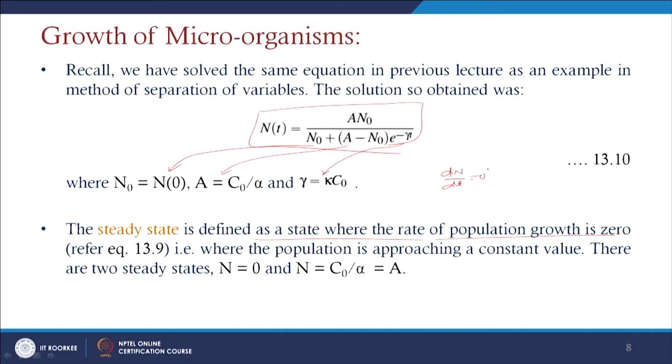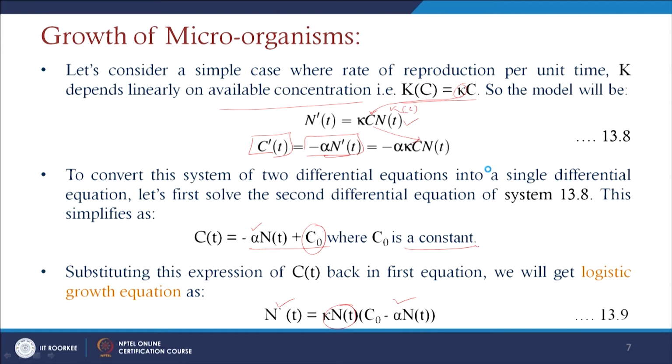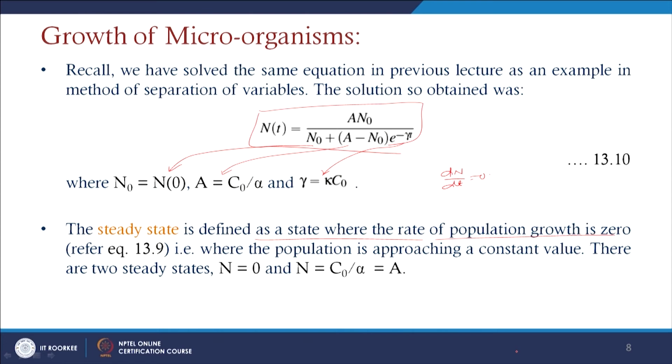If we consider our equation 13.9, n dash t, or n prime of t, equals 0 here. Then we find that k n of t equals 0, or c 0 minus alpha n of t equals 0. If k n of t equals 0, since k is not equal to 0, being a proportionality constant, obviously we get n equals 0.